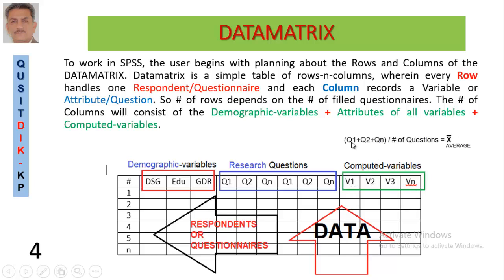The computed variable means question 1 plus question 2 plus question n, all the questions placed like this and then divided by the number of questions, x bar, the average. So computed variables are the averages of the answers given by the respondents to a particular variable.